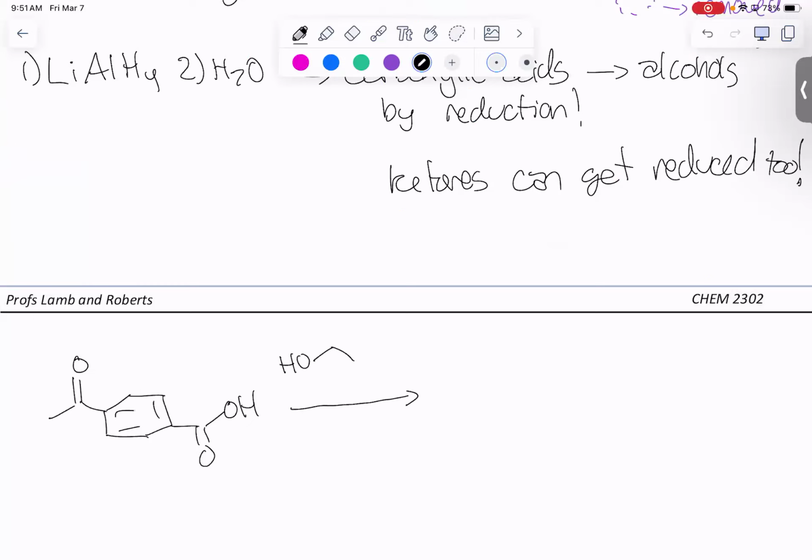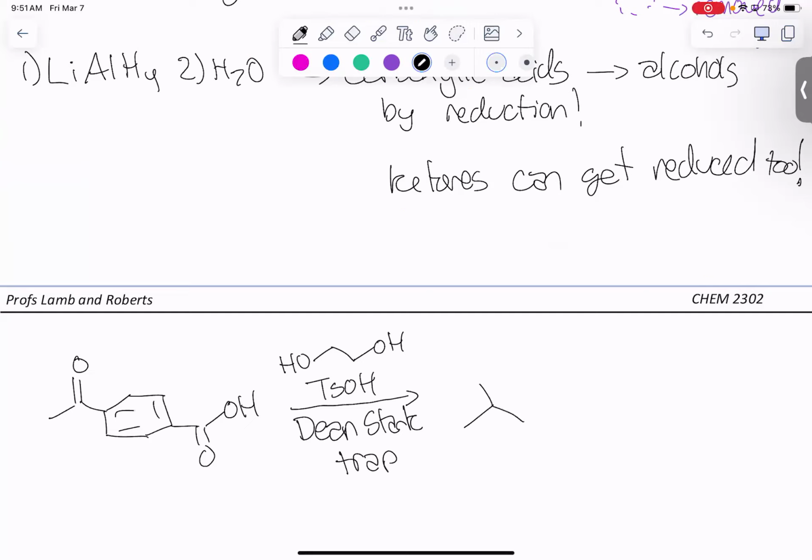We can add in, I always like ethylene glycol, it's just easy. But you could use another carbon chain linker with your alcohol. Let's add in tosic acid. We'll do this in the lab with the Dean-Stark trap to remove our water, drive this to completion as a reaction. We've protected our ketone.